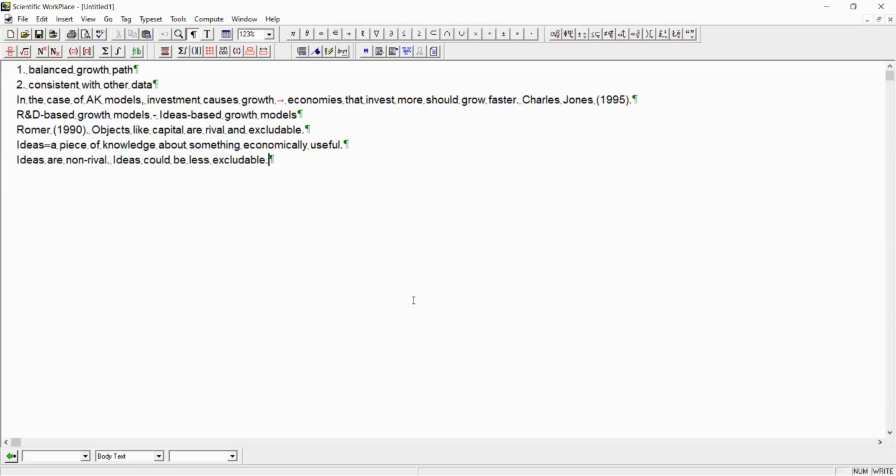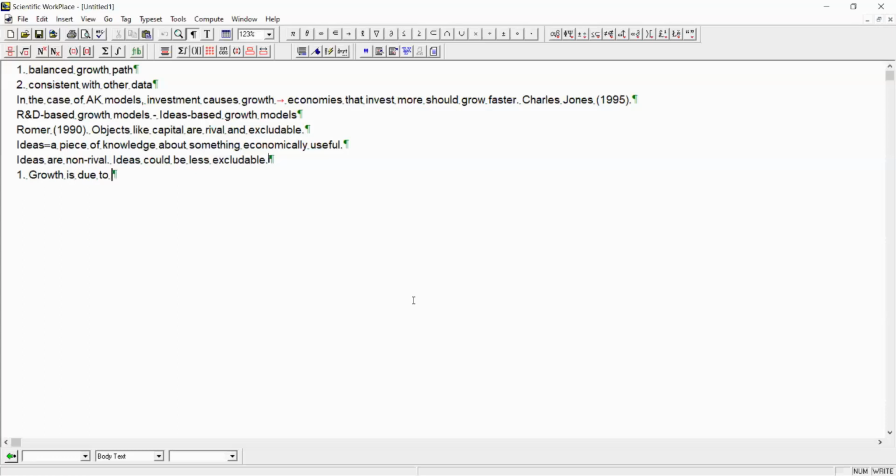Building on that, let's try and construct a model of economic growth. First, propose that, having decided that AK models can do the job, we need some kind of long-run productivity change to get growth.